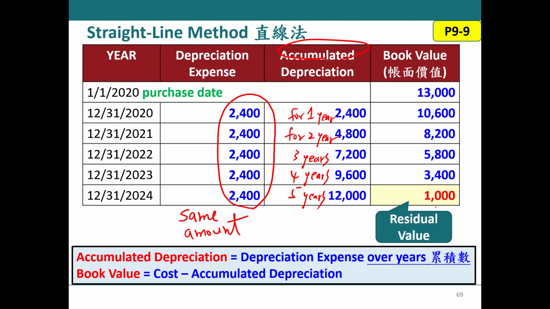The book value on the last year always should be your residual value. Remember what the residual value is? Residual value is your PPE's value on the last day, right? So that's how we double check whether you did the right thing or not.